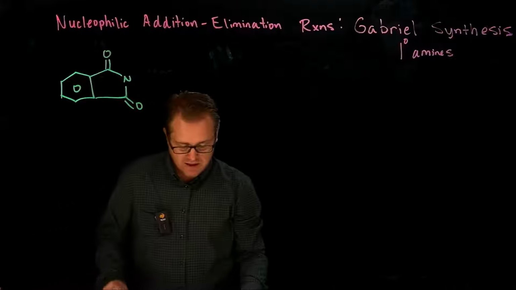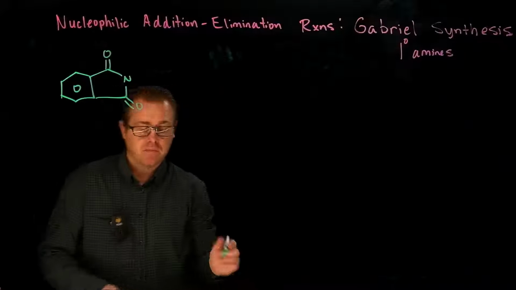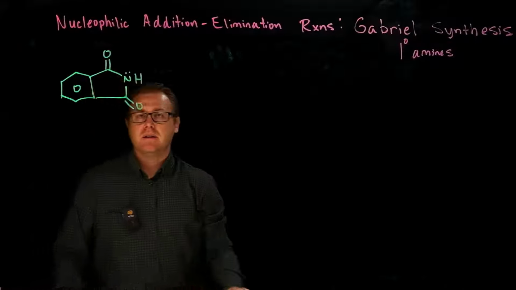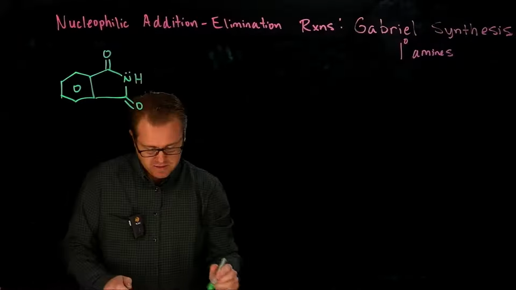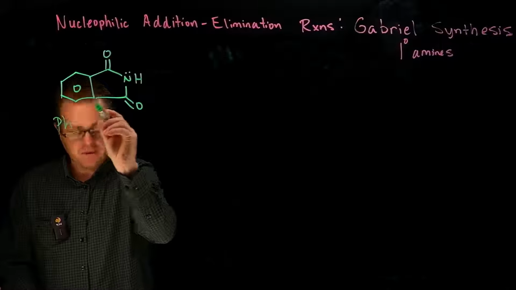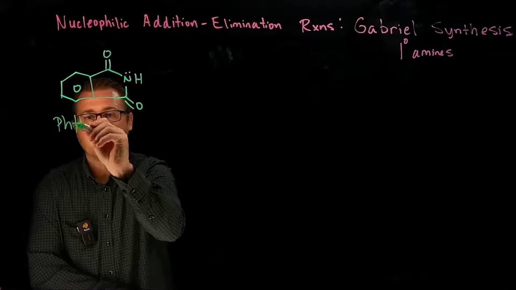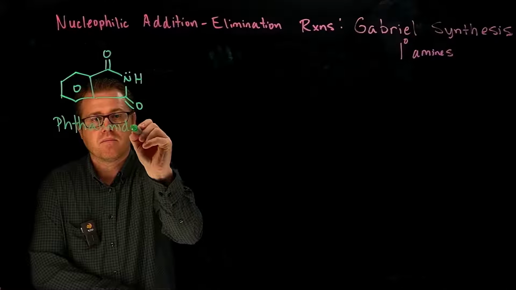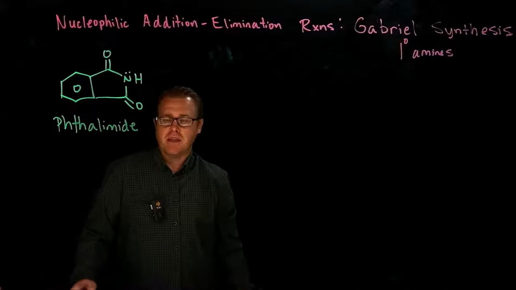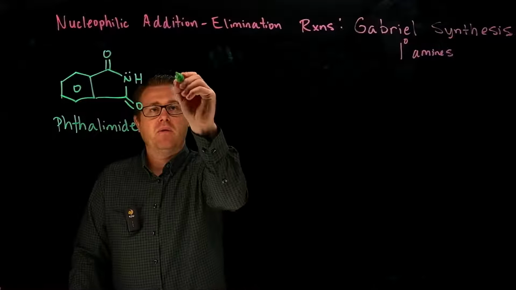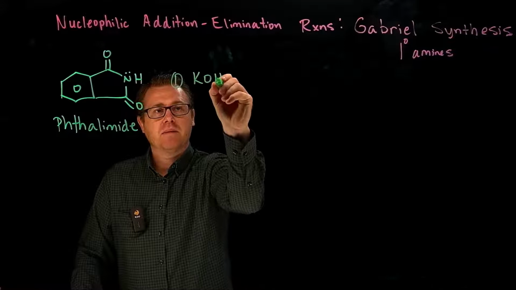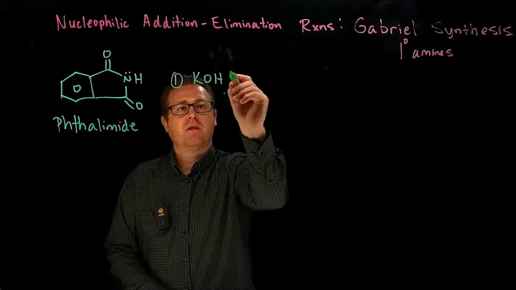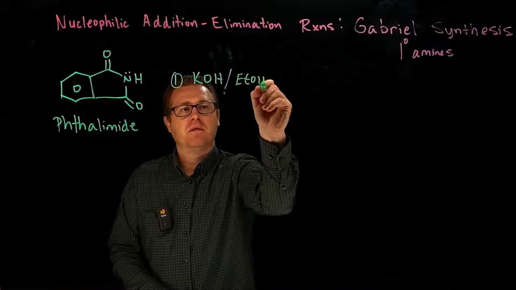Like that. And that's called phthalimide. Oh, I'm forgetting one hydrogen right there. Okay. That's phthalimide. Let's spell that right here for you. Okay. When you take phthalimide and you treat it with a strong base like potassium hydroxide, and we could do that in ethanol.